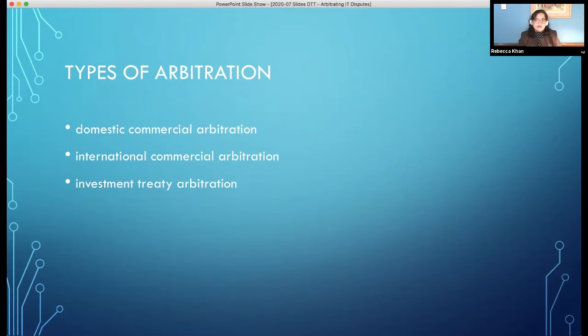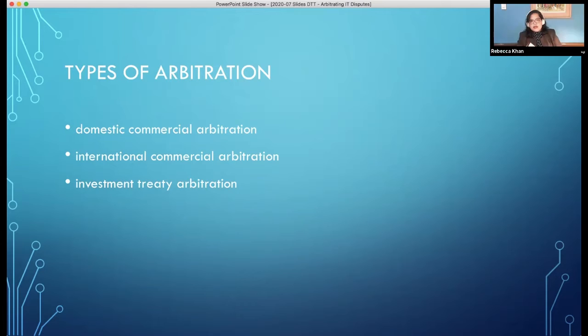The seat of arbitration is important because it determines the law of the arbitration, or the lex arbitri, to be followed in the arbitration, which is different from the law of the contract itself. It could be the same law, might be different. So if the seat of arbitration is in a different country from where the parties are situated, that instantly makes it international under the definition.